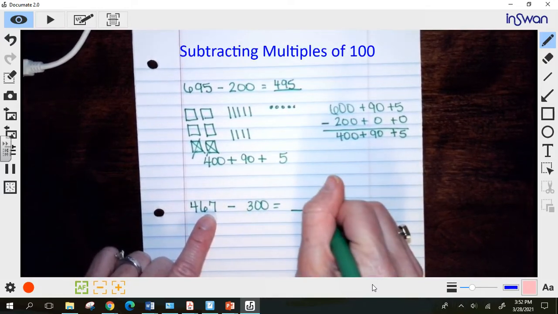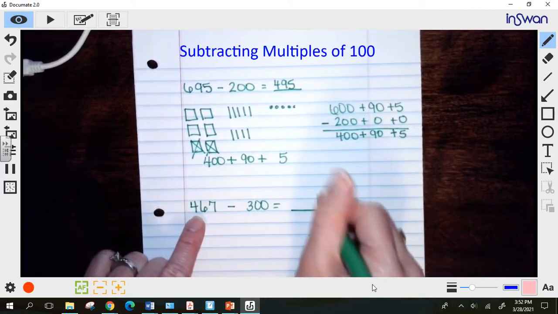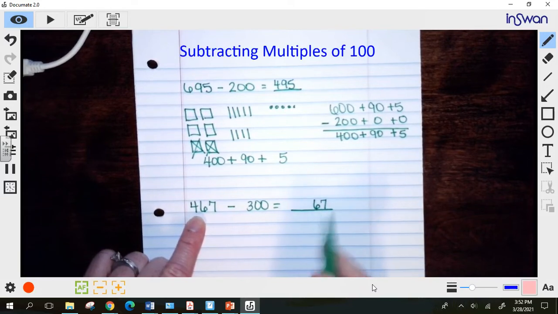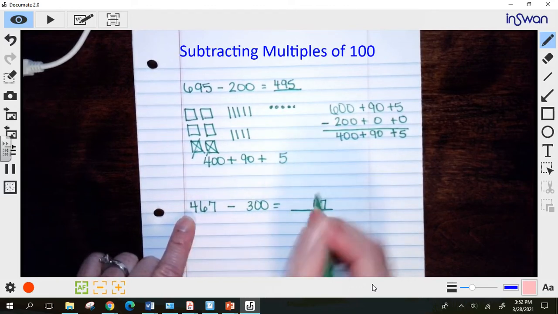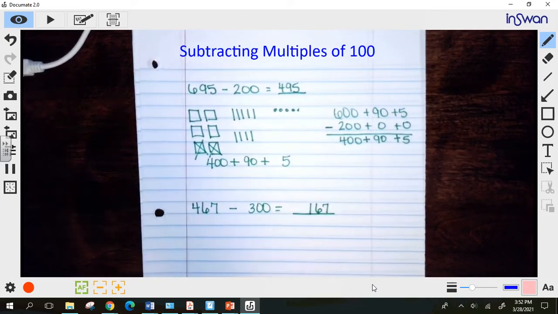No, so I still have a 7 in the ones place. 6 tens minus 0 is still 6 tens, so I leave that the same. Nothing has been taken away. 400s minus 300. Well, 4 minus 3 is 1, so 400 minus 300 is 100. There's my answer. That's how quickly we can learn to solve those mentally.